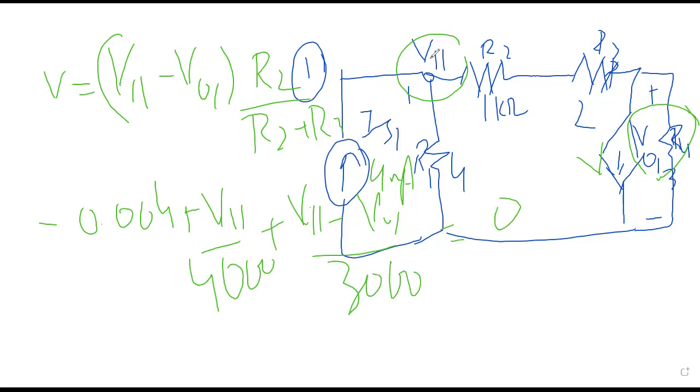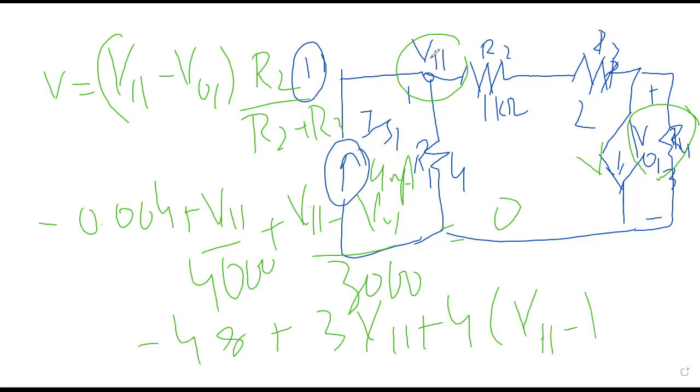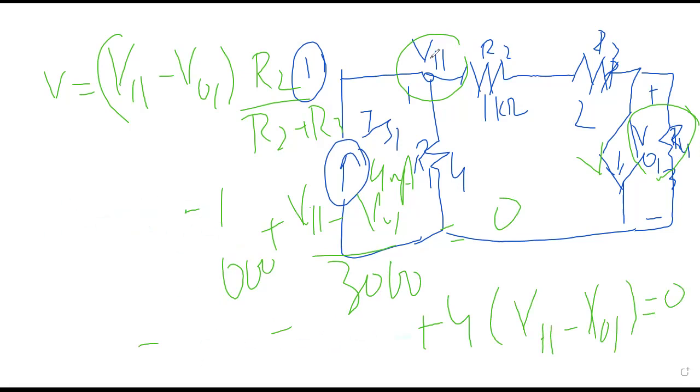So after simplifying it, the general equation is 48 plus 3V11 plus 4V11 minus 4V01 equals 0. Just a minute.